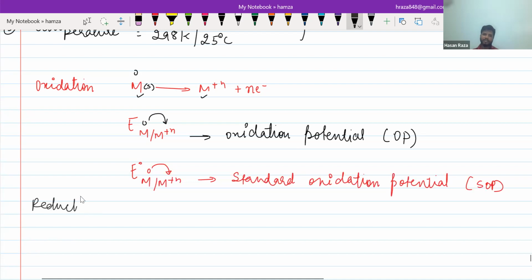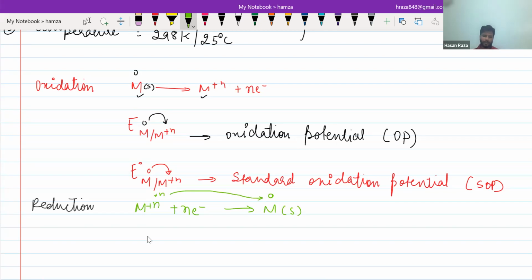In the same way, I'm going to write for reduction. Reduction, that means gain of electron, and you know that M plus N will gain an electron to convert into elemental form M solid, which has an oxidation state 0. So here you can see plus N to 0, reduction takes place.